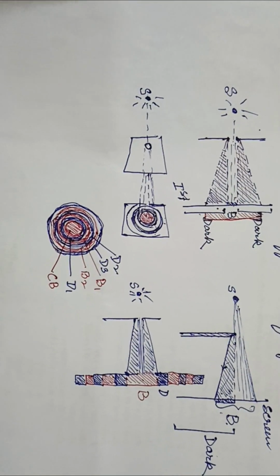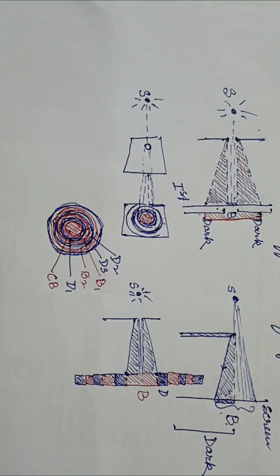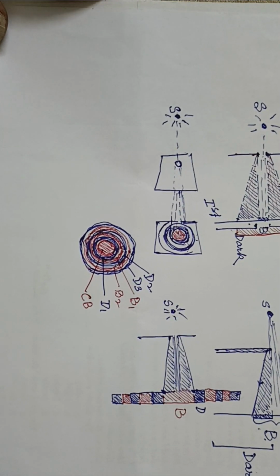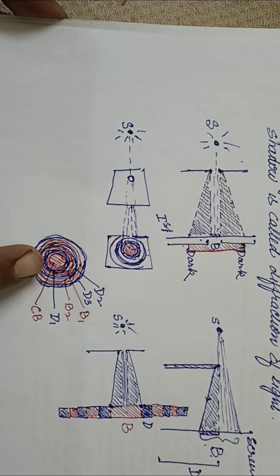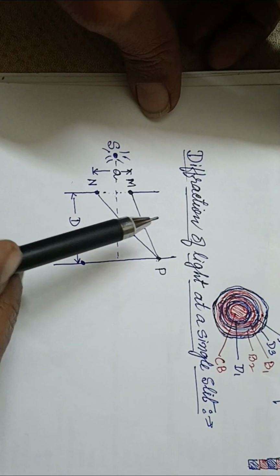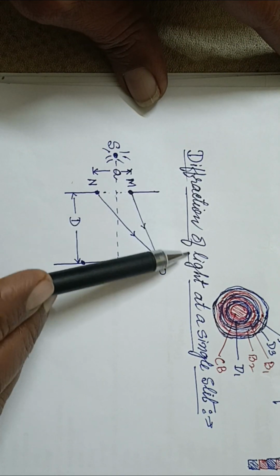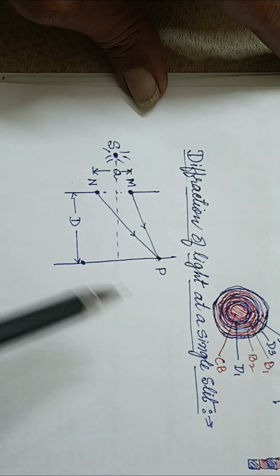Now we will discuss the single slit experiment, through which we can understand better this diffraction and the bright and darker fringes. Now we will see this diffraction of light at a single slit experiment.